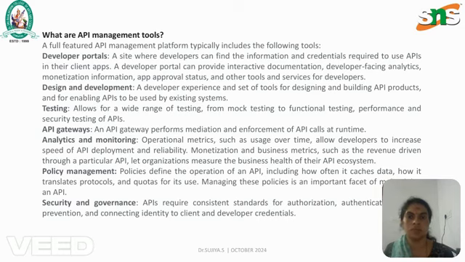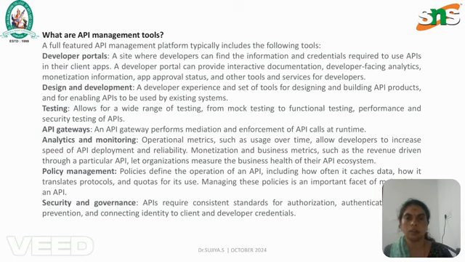So the features of an API management platform typically include the following tools: the developer portal, design and development, testing, the API gateway, analytics and monitoring, policy management, security and governance. The developer portal is the site where developers can find the information and credentials required to use the API in their client app.